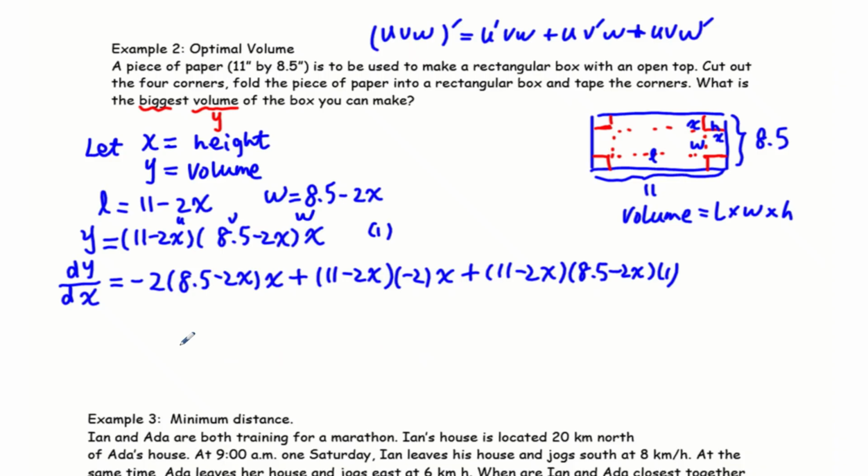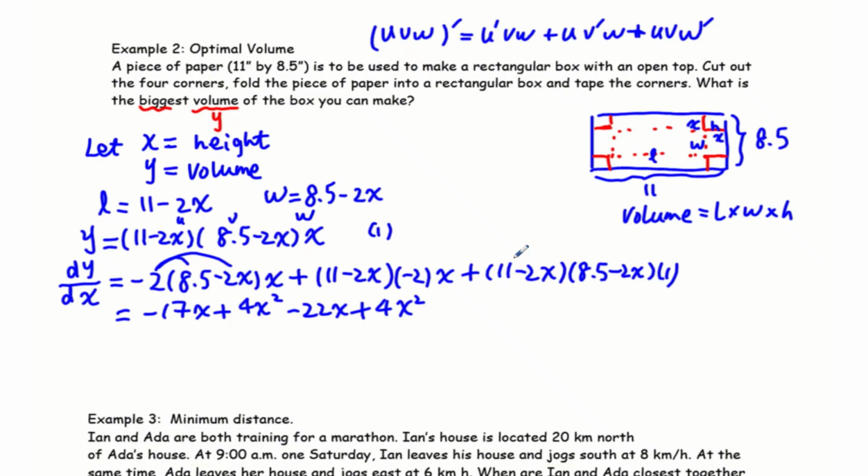Then we simplify it. So we are going to have -17x. We times it, then times x, plus 4x squared. This times -22x times plus 4x squared.